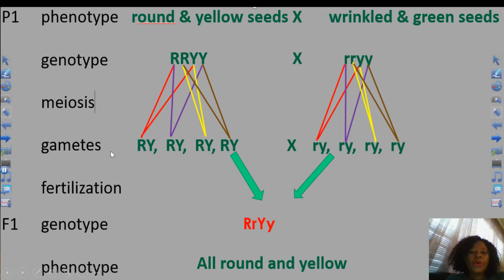But note that the gametes are all the same, and we are going to talk about what we can do if the gametes all look the same.